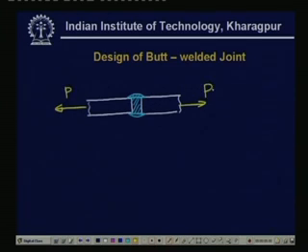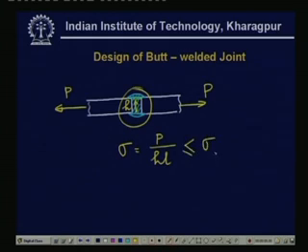Definitely the maximum value of P will be governed by the tensile strength of this joint member. So, the tensile stress, sigma, is equal to P divided by the cross section area, which is H times the width of the plate, L, and that must be less than or equal to sigma allowable.